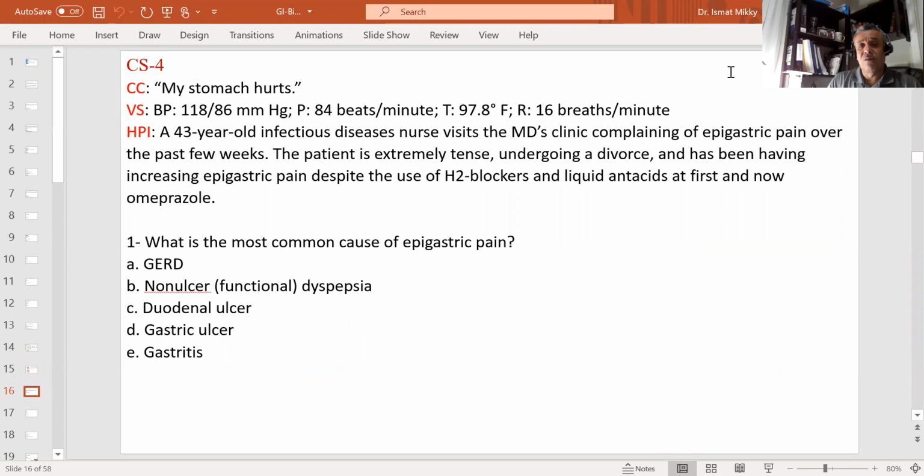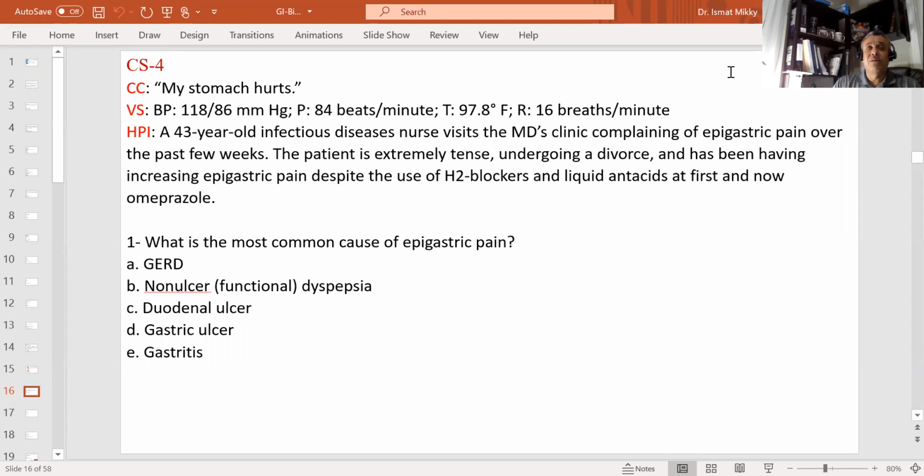Case study number 4, which focuses on peptic ulcer disease. So the most common cause of epigastric pain for this patient will be the non-ulcer, which is functional dyspepsia.